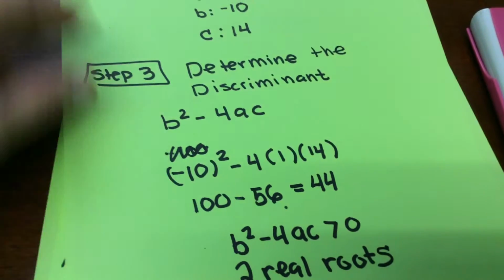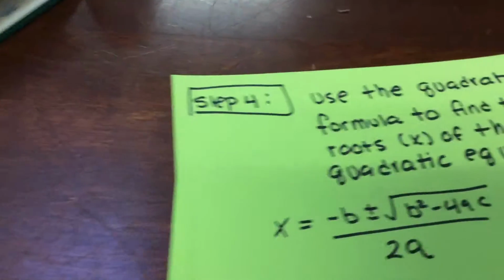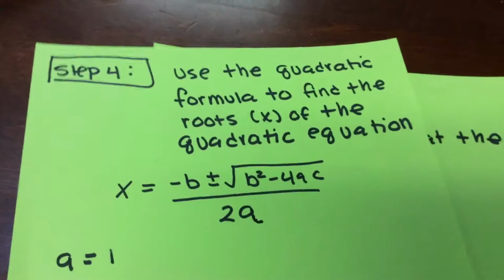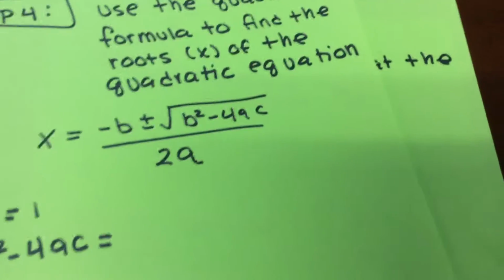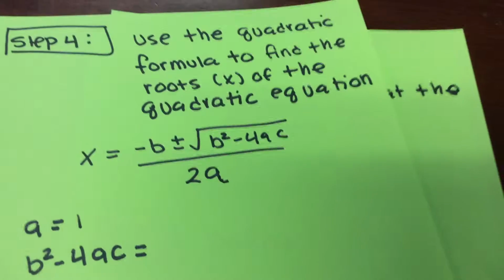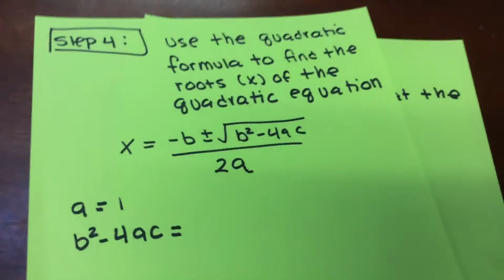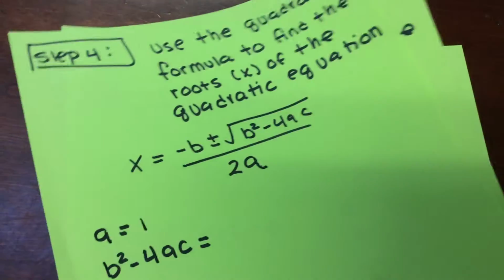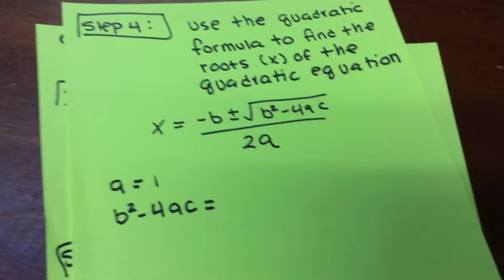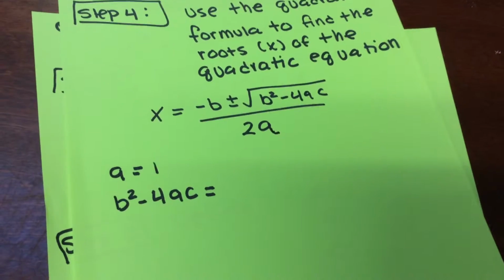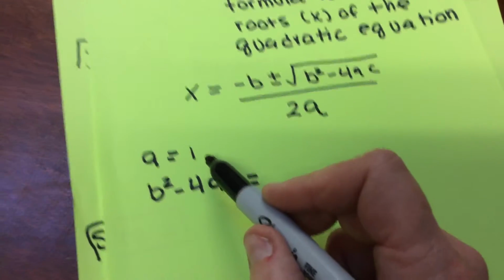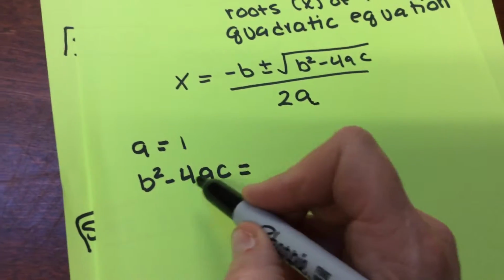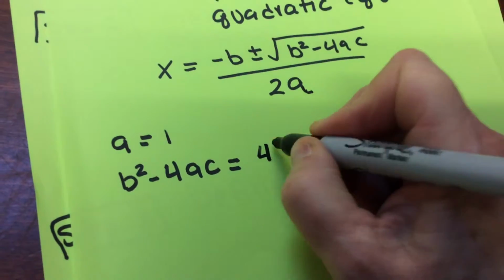So now step 4 is we use the quadratic formula to find the roots of x. So the roots of the quadratic equation are x equals minus b plus or minus the square root of b squared minus 4ac over 2a. Well, we know that a is equal to 1, and that b squared minus 4ac we determined was 44.